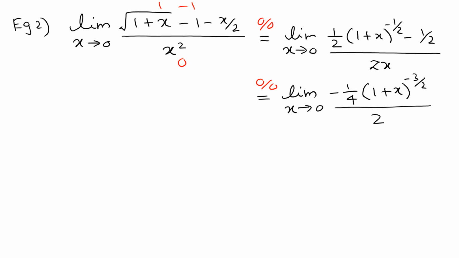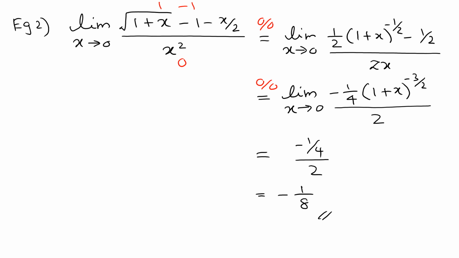Now when you plug in the value, everything works perfectly. The numerator is negative 1 over 4, divided by 2. If you multiply the top and bottom by 4, you get negative 1 over 8. So that is the limit for this problem.